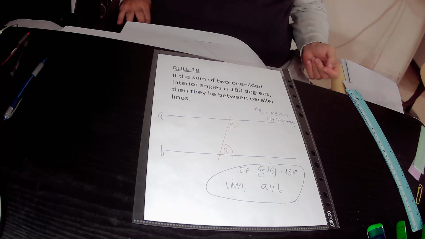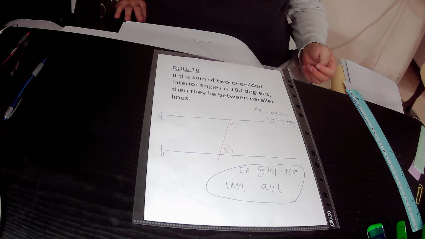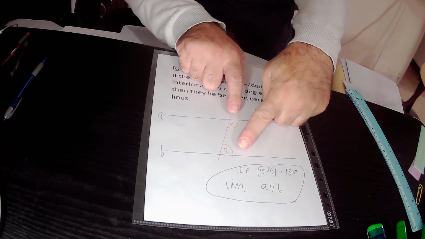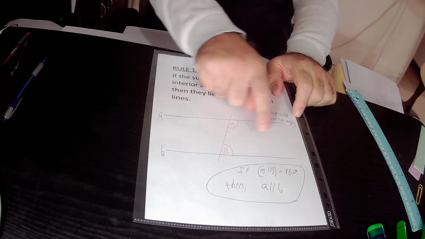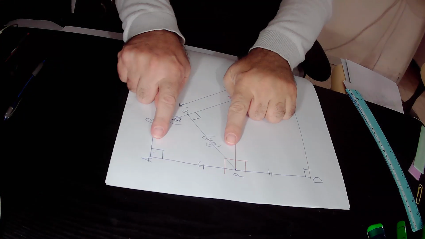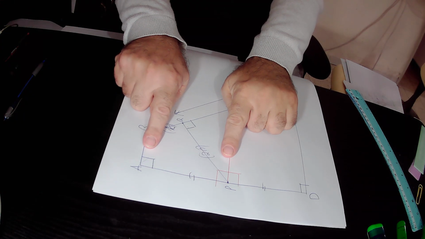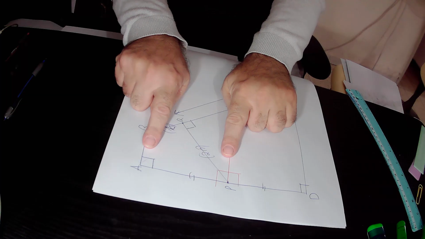So any two one-sided interior angles whose sum is equal to 180 degrees must be located between parallel lines. In this case, if alpha plus beta equals 180 degrees, then line A is parallel to line B. So we can implement rule 18 in our drawing. In our drawing, those two angles are both defined as one-sided interior angles.